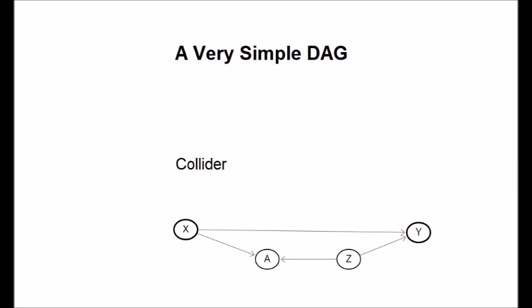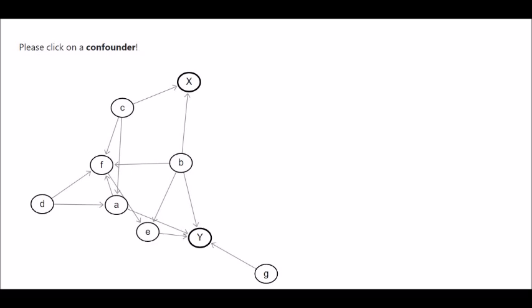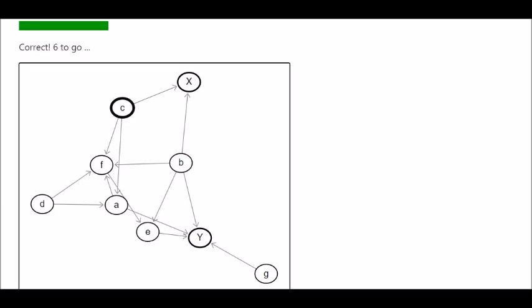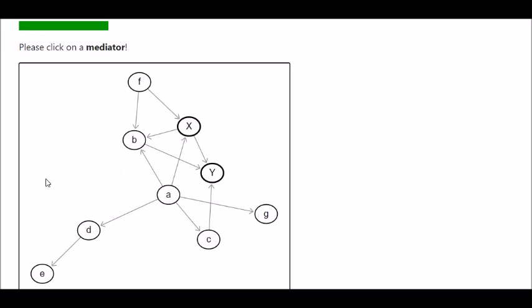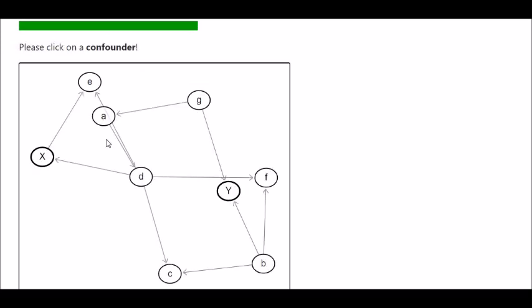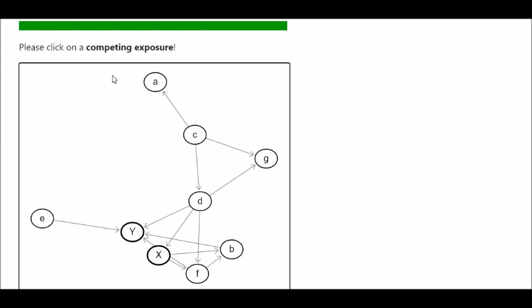Now again, I will show you a little exercise to test the knowledge of the covariates I have explained. Let's see. Click on confounder. Here the C is confounder. Click on mediator. B is mediator. Click on confounder. G is confounder. Click on competing cause.